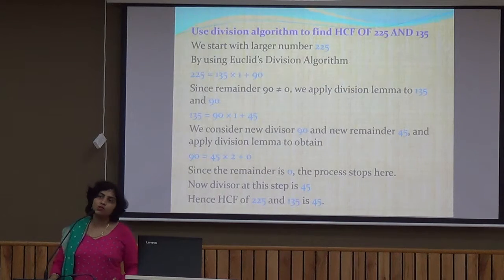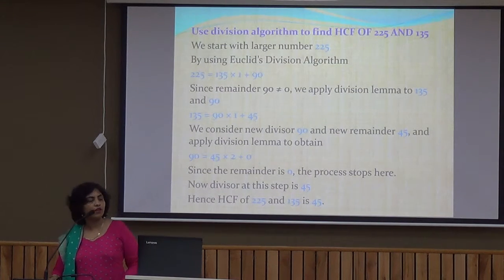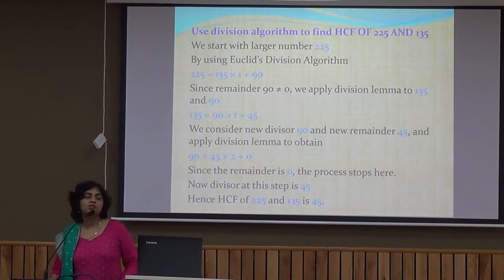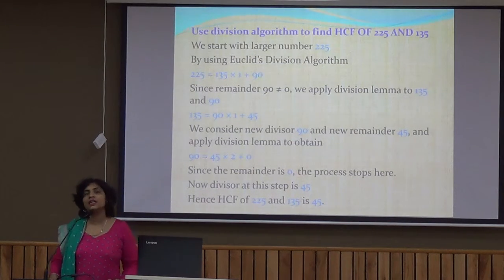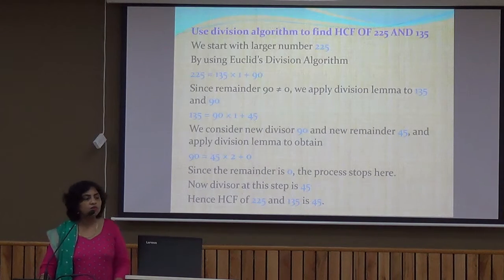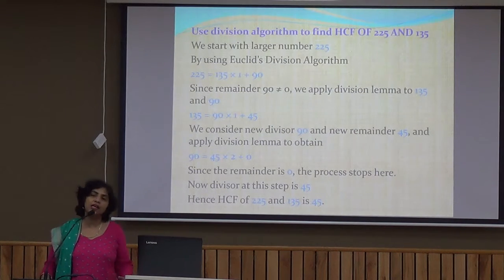When we divide 225 by 135, we get 225 as 135 into 1 plus 90. So our quotient is 1 and remainder is 90. The remainder is not equal to 0, so we apply the lemma again on 135 and 90.